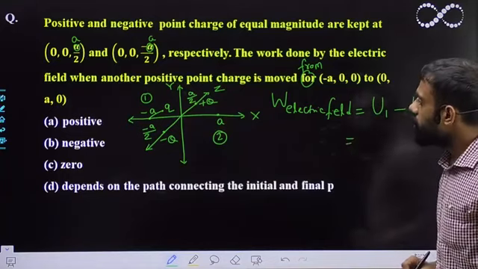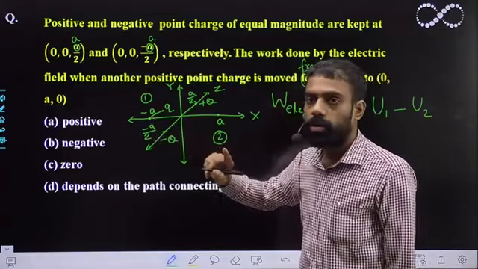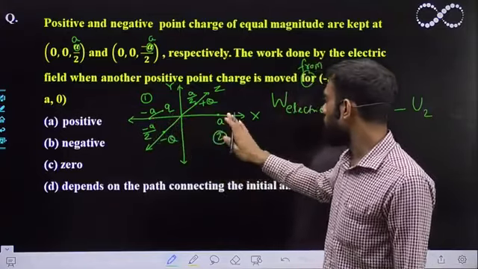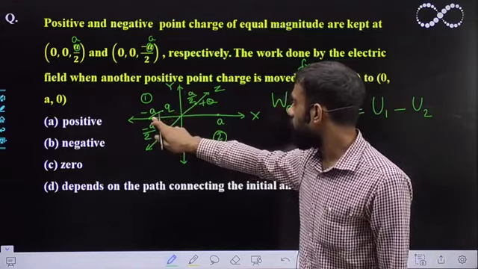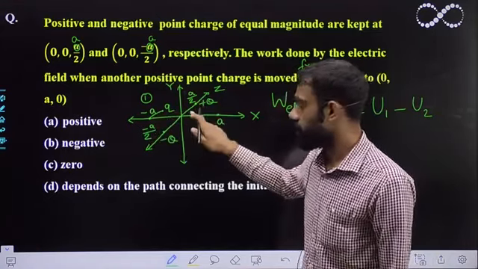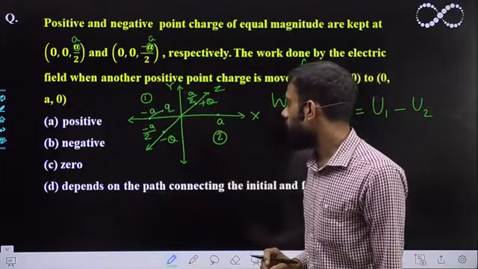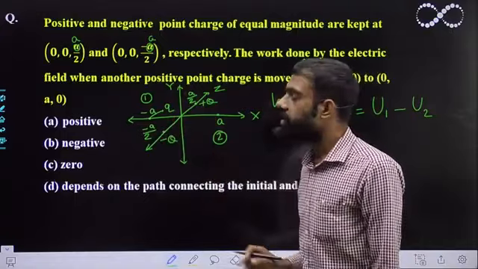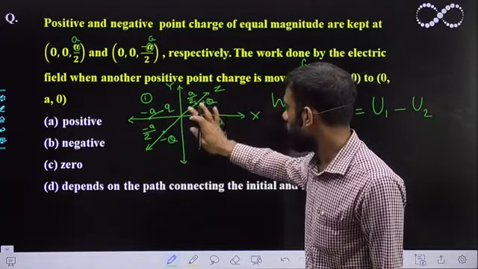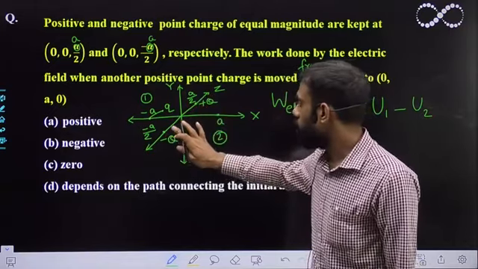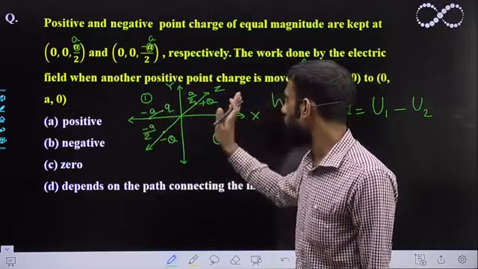Now you can see, the distance of the charge from both these charges is the same, or you can say both positions are symmetrical with respect to the charges plus Q and minus Q. The position of the small q is symmetrical at 1 and also at 2.